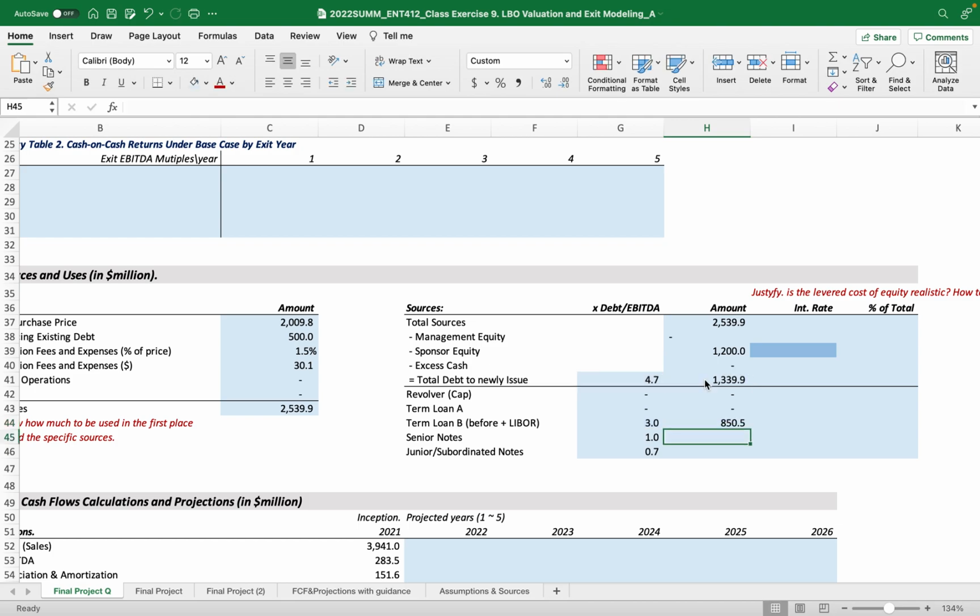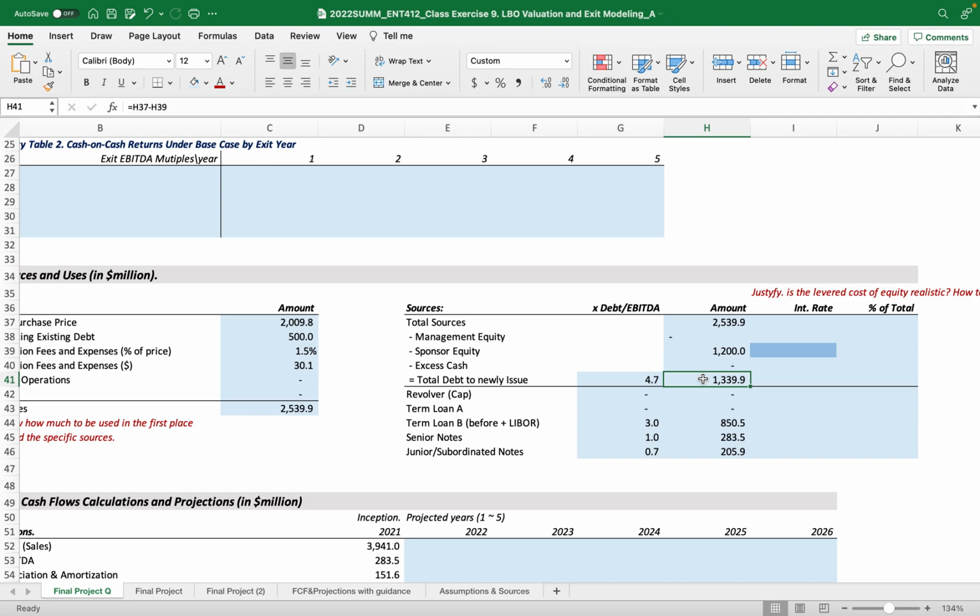So we got it allocated here, in the same way, the proportion out of the total debt, then the rest of the part. So we allocate to each of the debt tranches the debt amount out of this total debt.